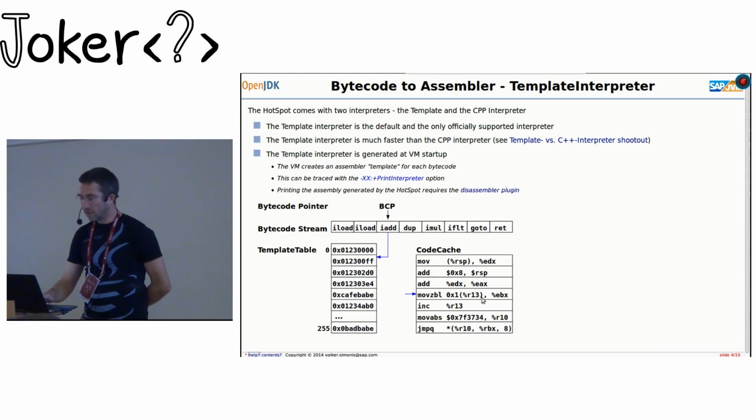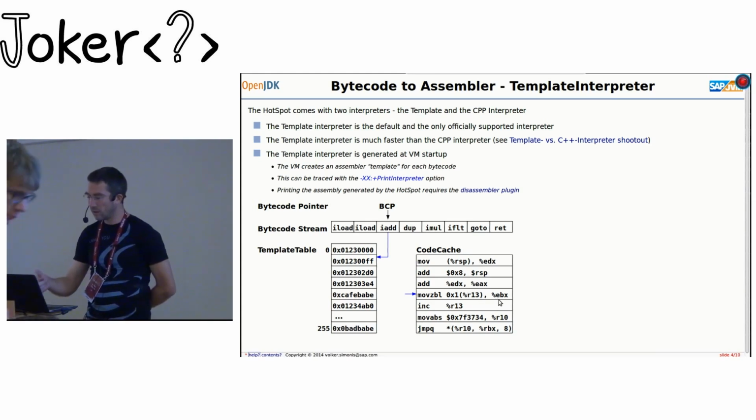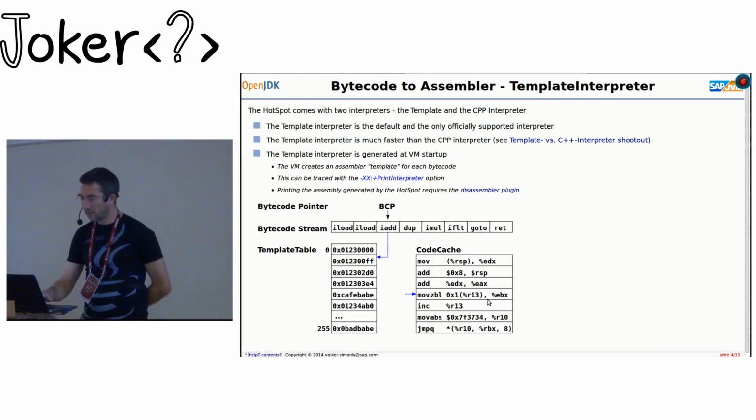So now we load the bytecode pointer +1 into the BX register, and increment the bytecode pointer so it points to the next bytecode.